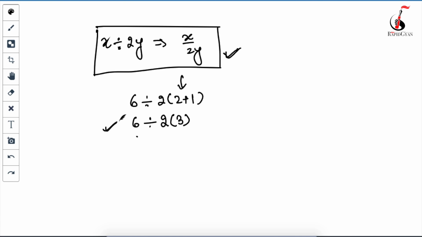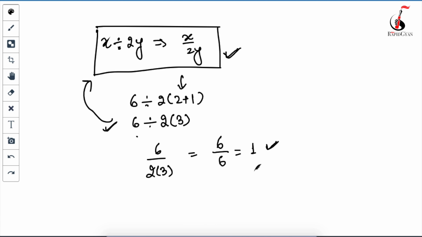Now if I go with this method, with this technique, I can write it like this: 6 upon 2 times 3, 2 multiplied by 3, correct? And now if I solve, this is equal to 6 upon 6, which is equal to 1. So with this method I am getting 1 as an answer.